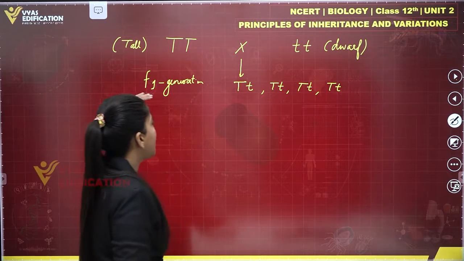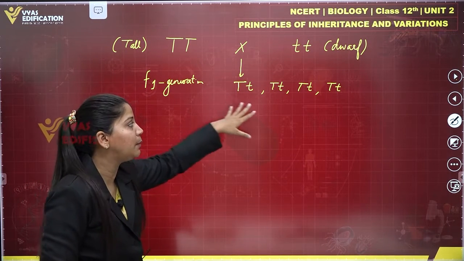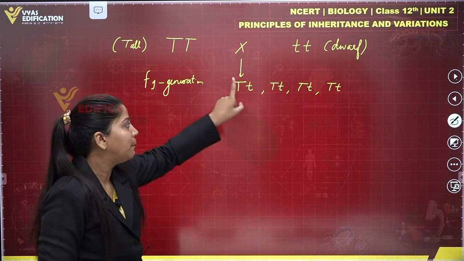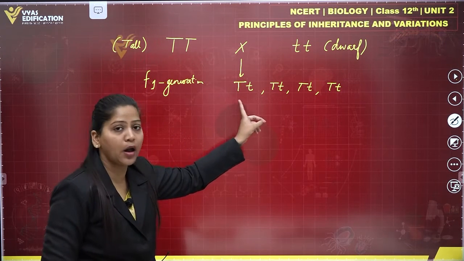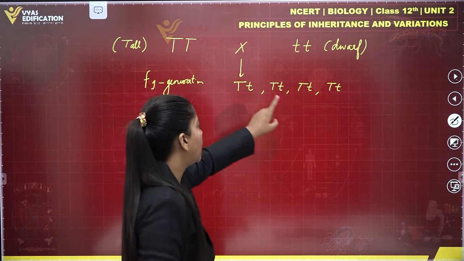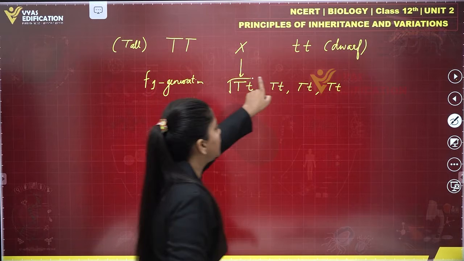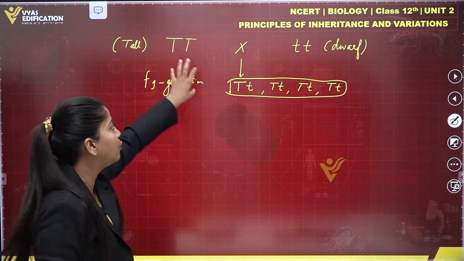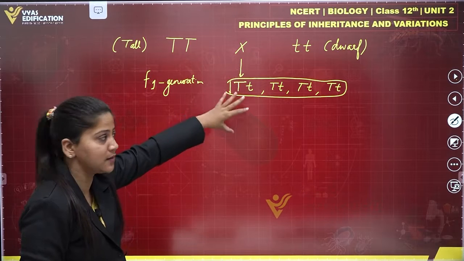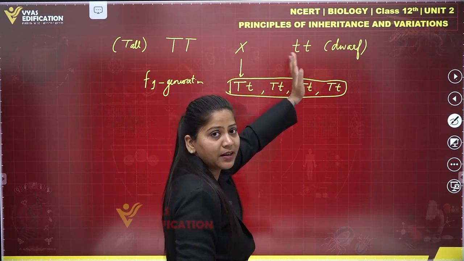He found that in the F1 generation, the phenotype, or the appearance, of all the plants was tall, but genotypically they are all heterozygous tall. They are not similar to their parents. These individuals in the F1 generation are not similar to this parent, and not similar to this parent as well.